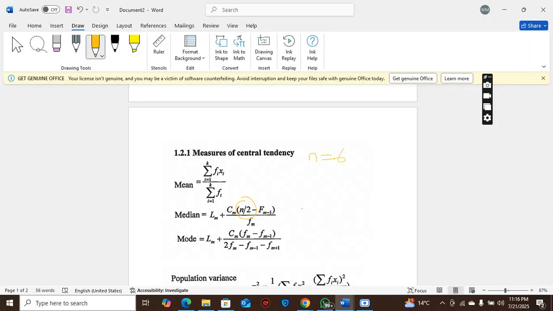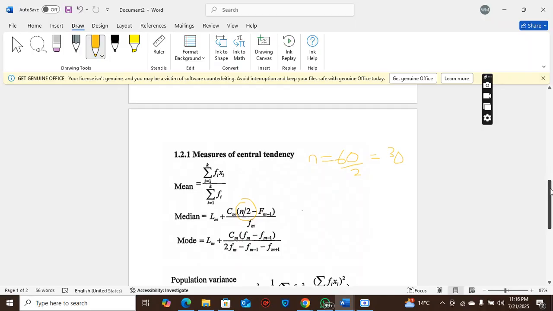N is just the total number, colleagues. So n over 2 gives us 30. Our median class is in the 30th position. So how do we now locate it?